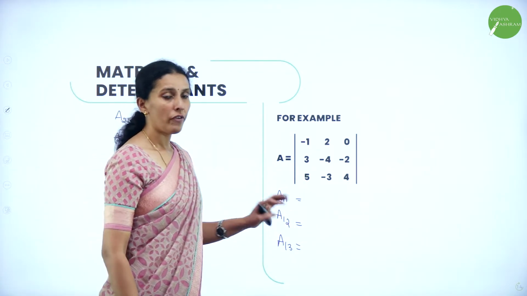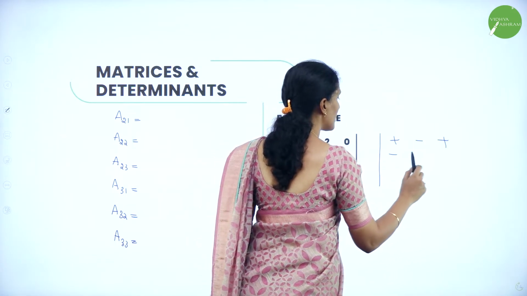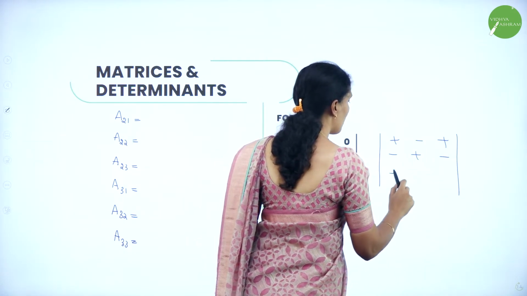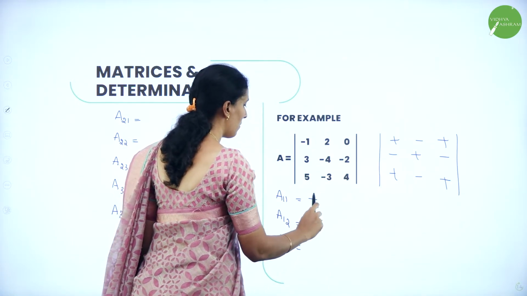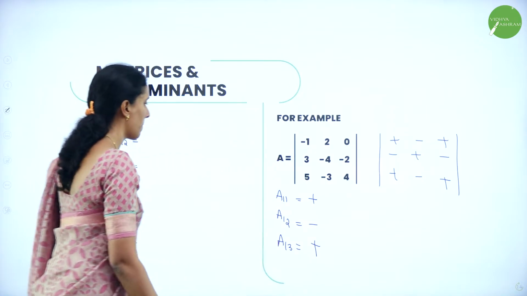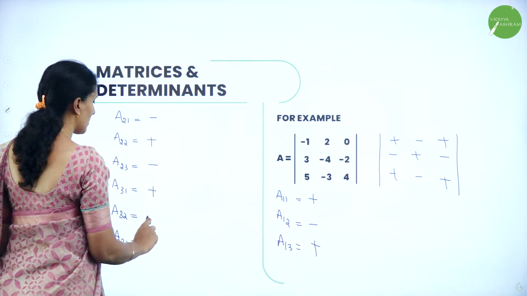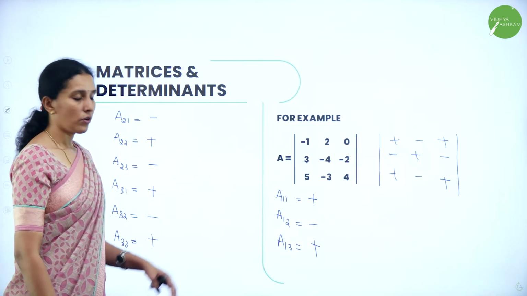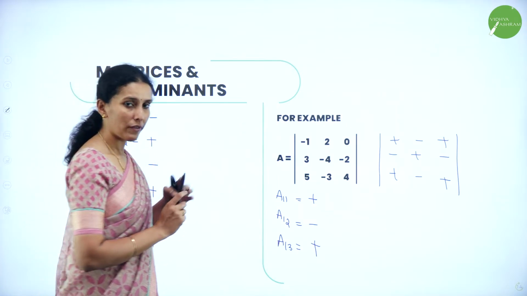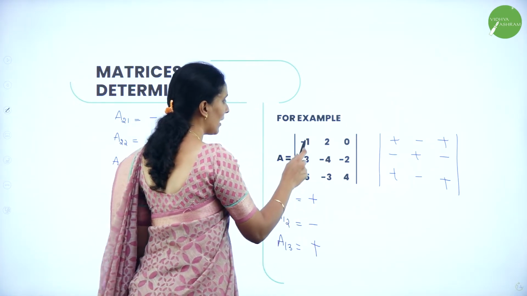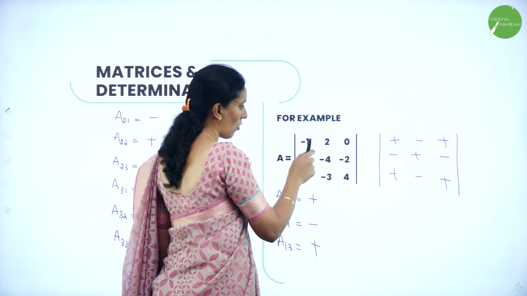Now, the cofactor of this matrix must be in the form of plus minus plus, minus plus minus, and plus minus plus. So for A11, A12, A13 it is plus minus plus. Next, minus plus minus, then plus minus plus. Just write the signs first. Next, write the minors of every element. Now I am taking the minor of minus 1, that is A11, the first row, first column element.